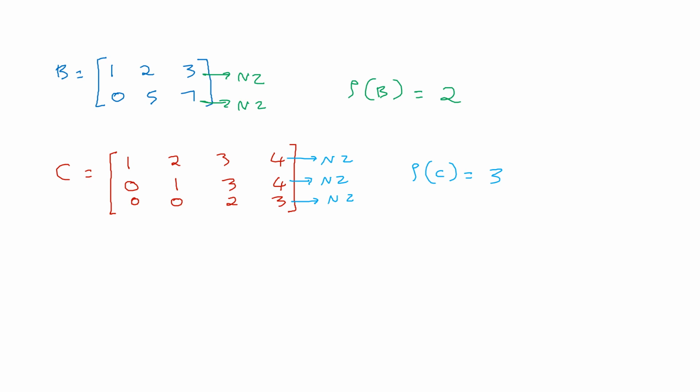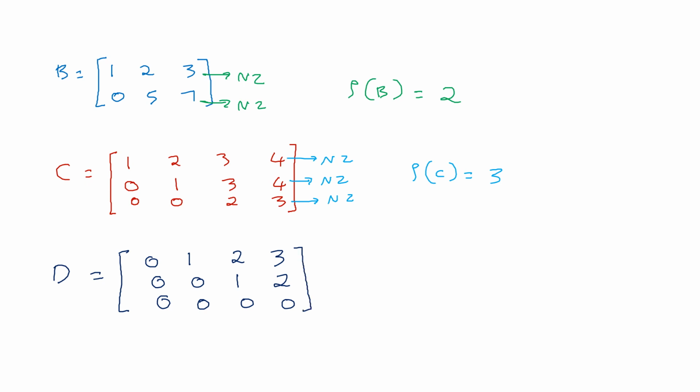Now one more example. Let us consider it as matrix D. So here this is 0, 1, 2, 3; this is 0, 0, 1, 2; and 0, 0, 0, 0.